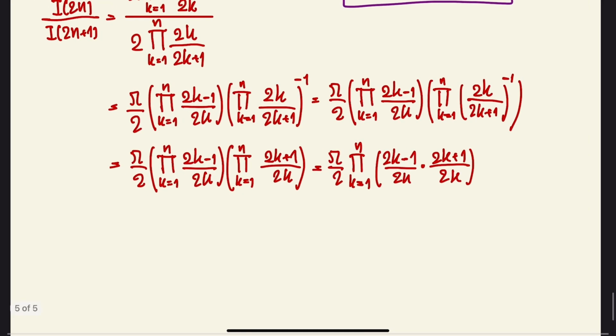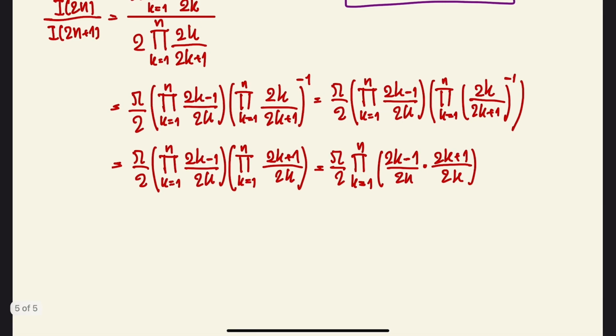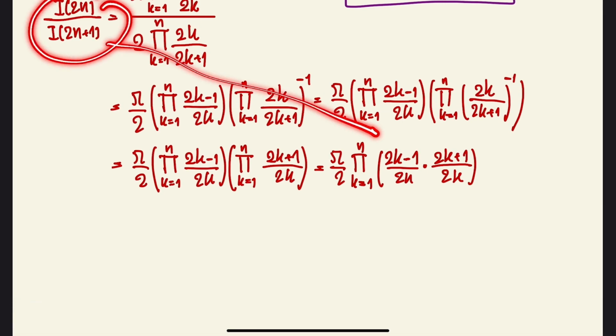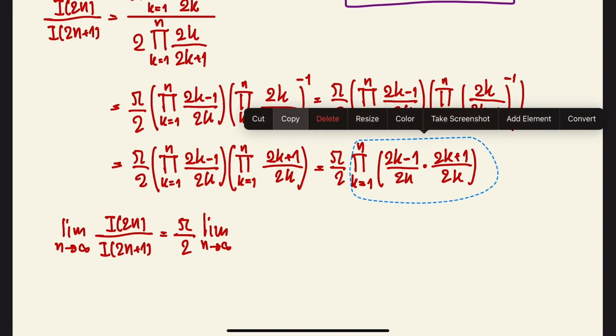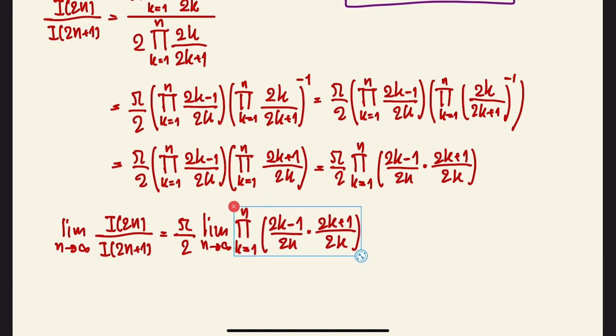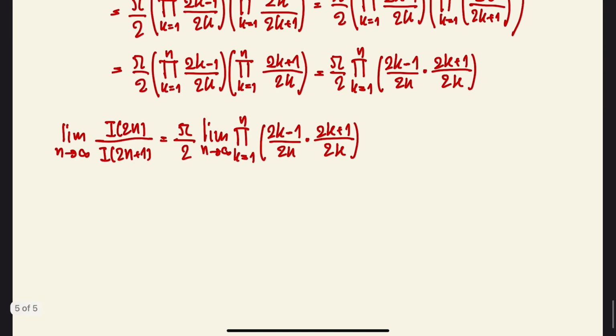And then take the limit on both sides. We use the limit as n approaches infinity. What do we have here? We're going to have pi over 2 as the limit, and the limit of this term as n approaches infinity.